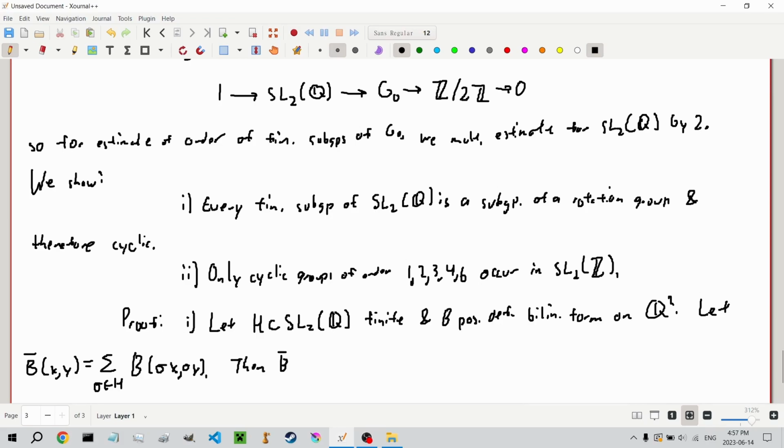Then B bar is positive definite and H leaves B bar invariant.